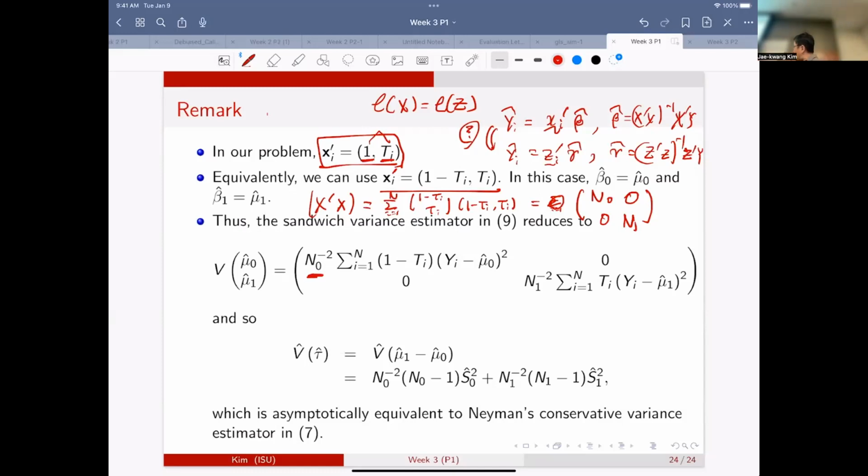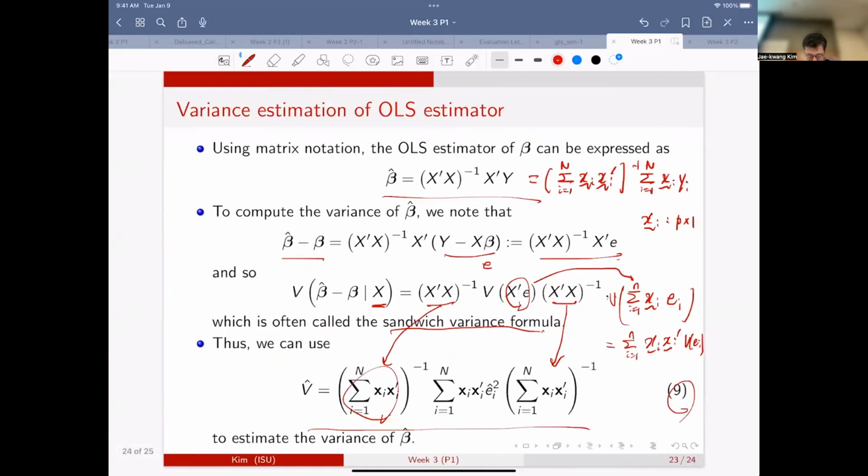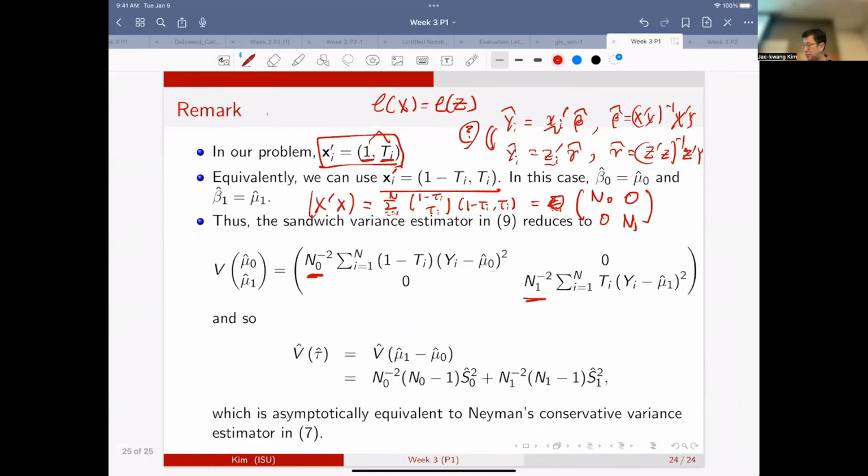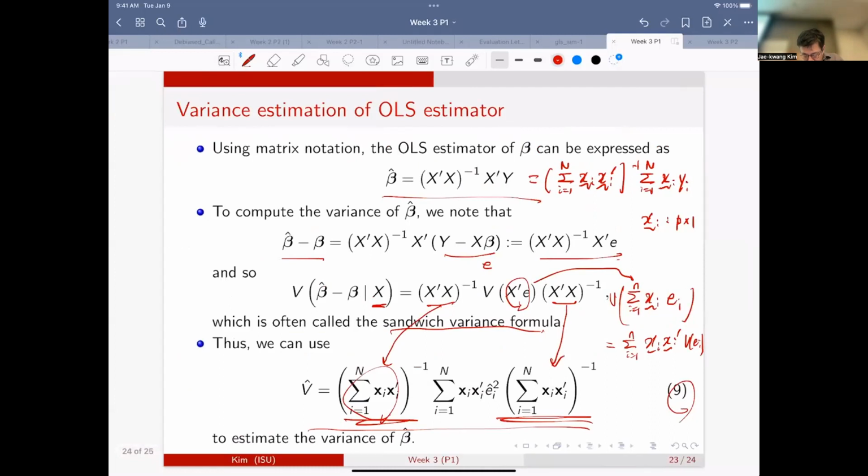Because you have X prime X inverse on both sides, you have this term on both sides. So you get N1, N0, N0 and N1 squared inverse. And then the next thing is to compute this guy, which is basically computing the residual squares when T equals 0, and the other one is T equals 1, and sum them up.